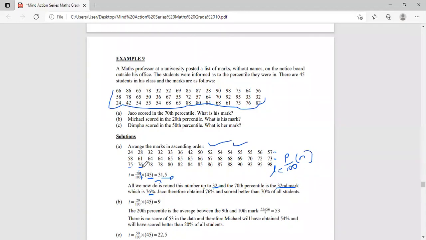Here, 32 is 76. Rounding off, 32. So count in the stats, because it's arranged in ascending order, I'm going to get 76%. Do you understand that part? Or should I explain it again?